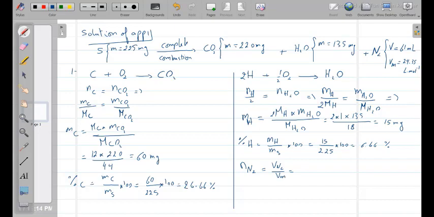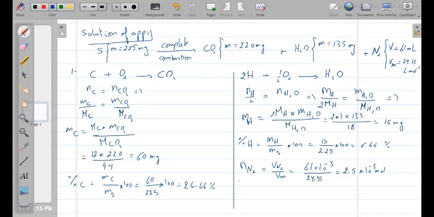equal 61. Here the volume should be in liter. We convert from milliliter to liter by multiplying by 10 negative 3, over Vm 24.35, equal 2.5 times 10 negative 3 mole.